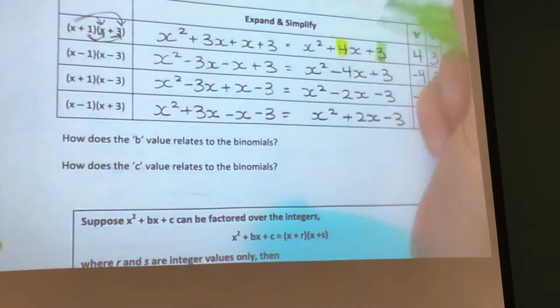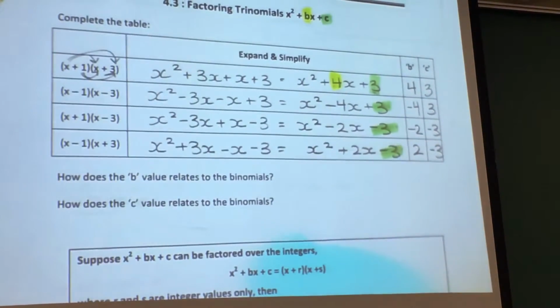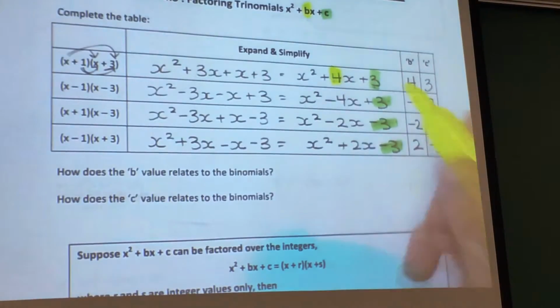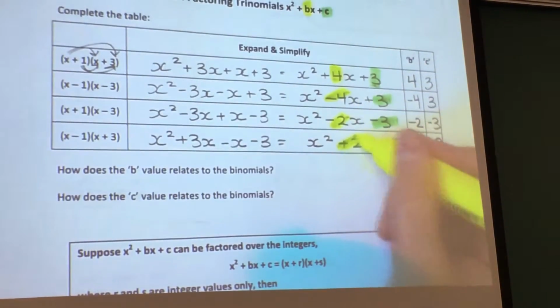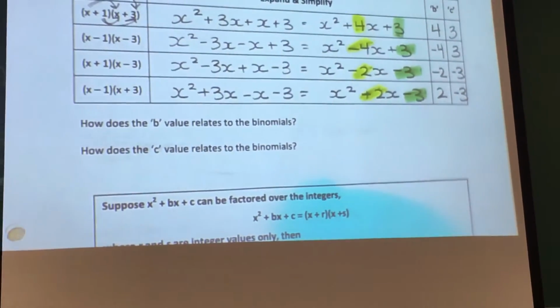We're just looking at simply what are our b values, what are our c values. Any questions so far?